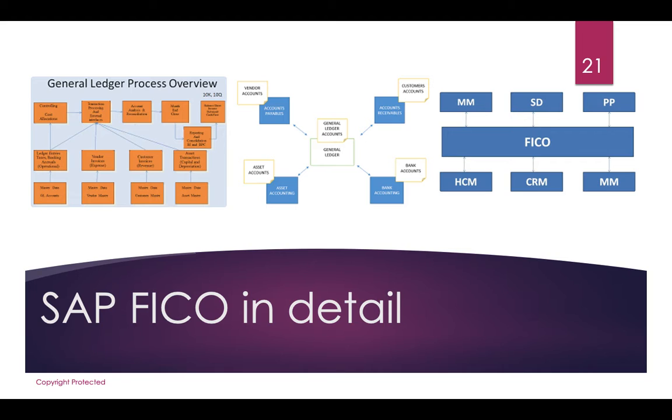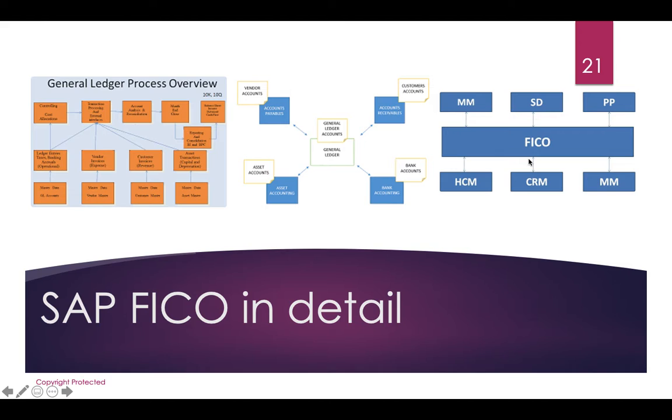So I will go into a little detail, and if you see this particular chart, the FICO module takes information from SD, from PP, from the human capital management module, which is SAP HR.